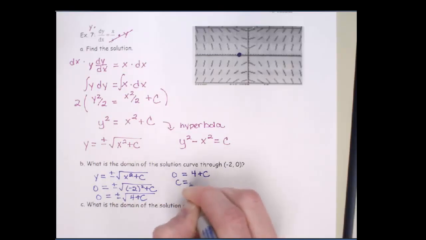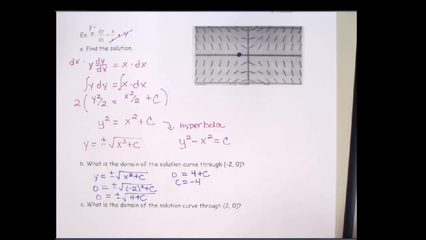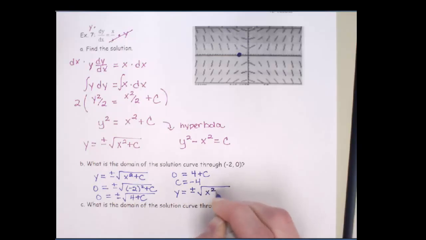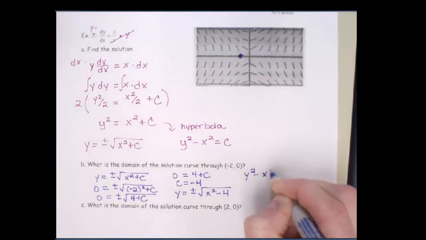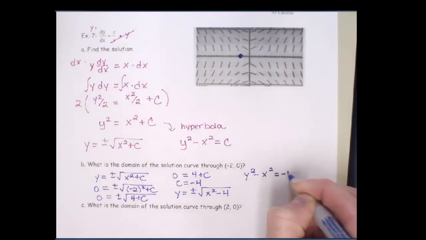So c must equal negative 4. So I get y equals plus or minus square root x squared minus 4. Or again, you could write it as the hyperbola y squared minus x squared equals negative 4.